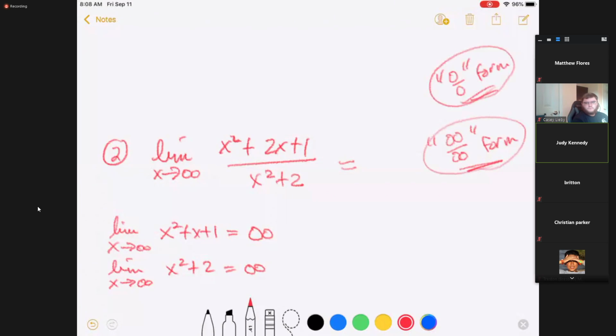And just like we did with our other limits, what I'm going to do is change the form of the problem, but not change the problem. I'm going to change it algebraically.